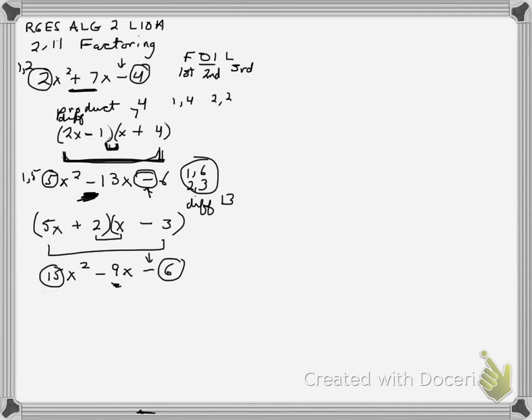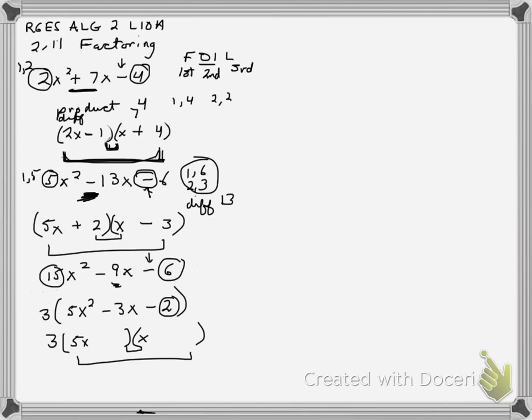So you would take out your 3, leaving you with 5x squared minus 3x minus 2. And now I would have my 5 and my 1 as my only possibilities, 2 and 1 my only possibilities for the third term. And so my only question is, how do I combine it?